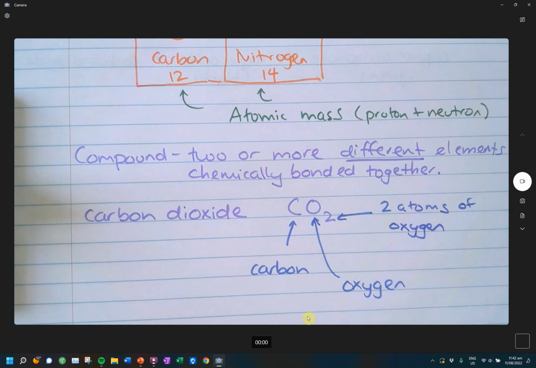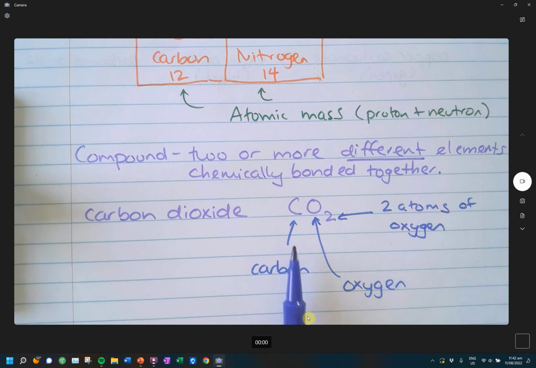So I just want to, like I said, explain some of the symbols that we're looking at. Carbon doesn't have any number behind it. So if I don't see a number behind any of my elements, that tells me that the number is 1. So there's only 1 carbon and there's 2 oxygens. And that is a compound because those things are chemically bound together.